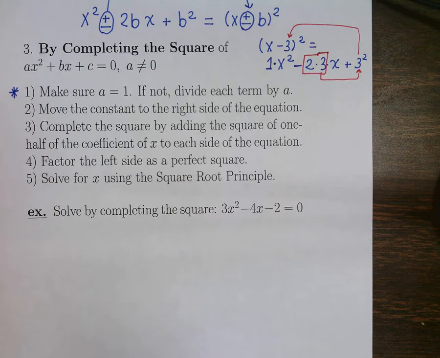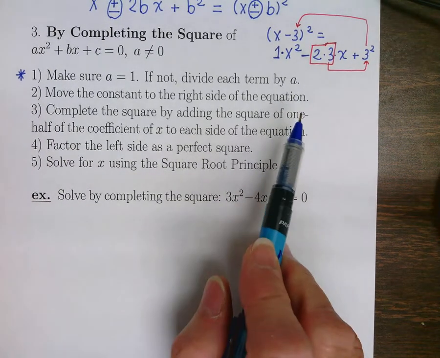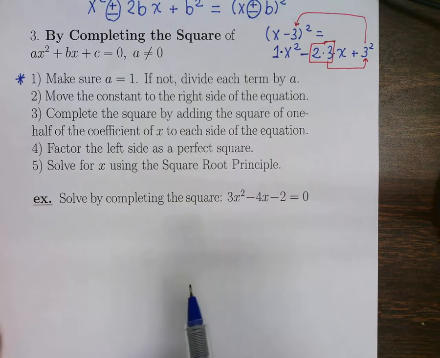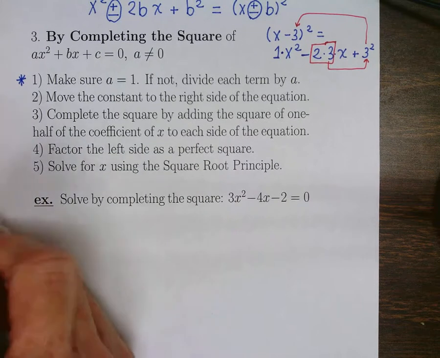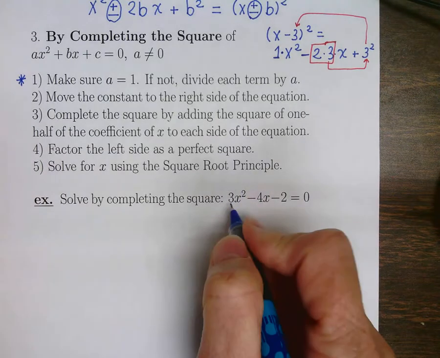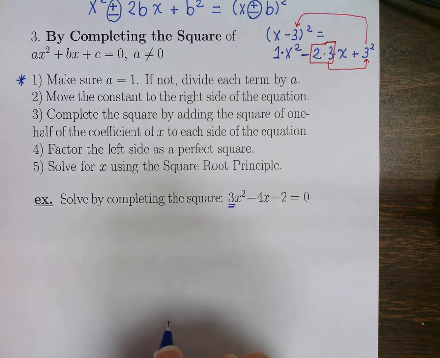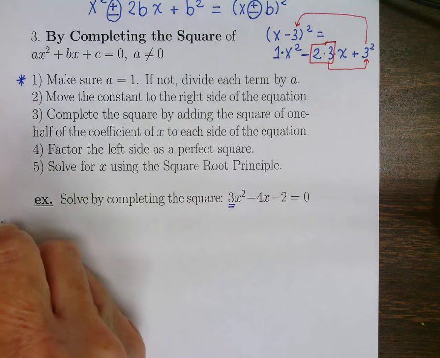Okay, and again, this is important. We are going to expect you to be able to complete the square. So you want to be sure and get lots of practice and understand what's happening as you do the completing the square. Okay, so let's look at this example. First of all, I see that I have a 3. So I have to eliminate that, so I divide each term by 3.